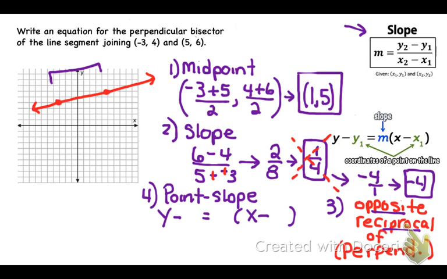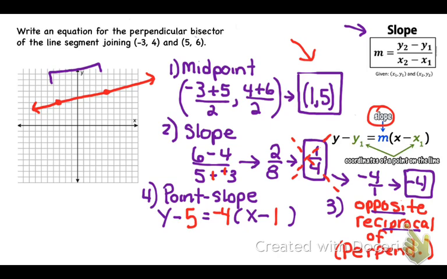So we know one point on the line that's the perpendicular bisector, and that point is the 1 comma 5. So we put in the y value, then in front of the parentheses, that's the slope, and the slope we decided was -4, and then it's x minus 1.